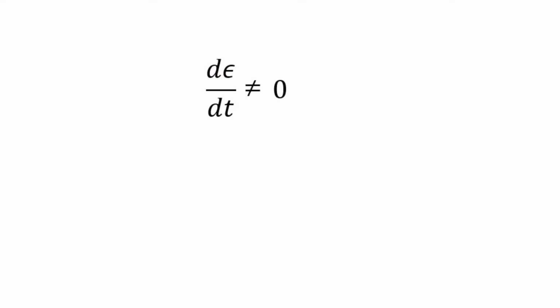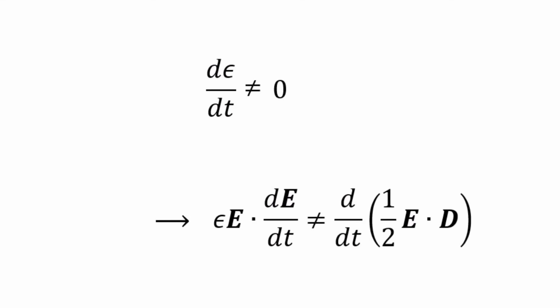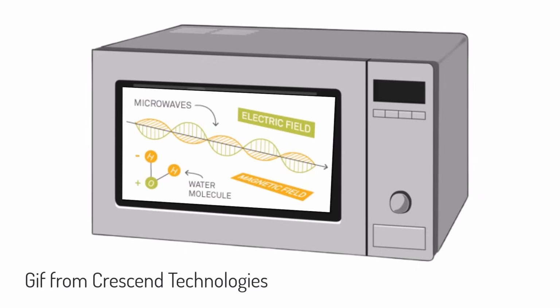Anyway, the polarization of atoms in a dielectric is not instantaneous, which means that the electric coefficient is a function of time. An example of that is in a microwave oven, where a vibrating electromagnetic wave causes the polarized water atoms in your food to spin, which converts into heat.